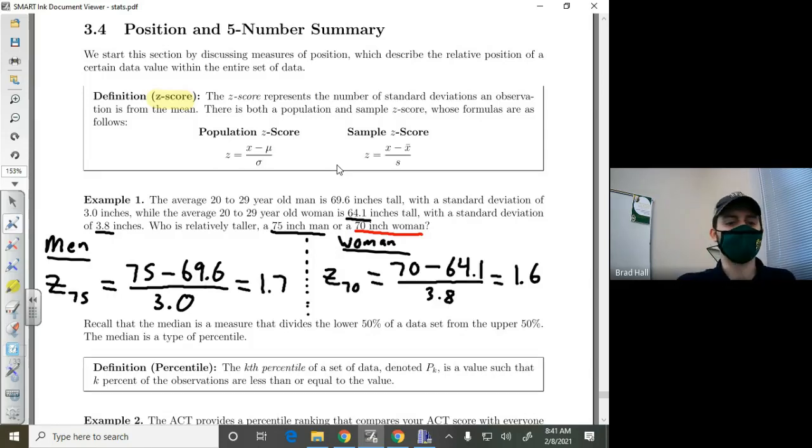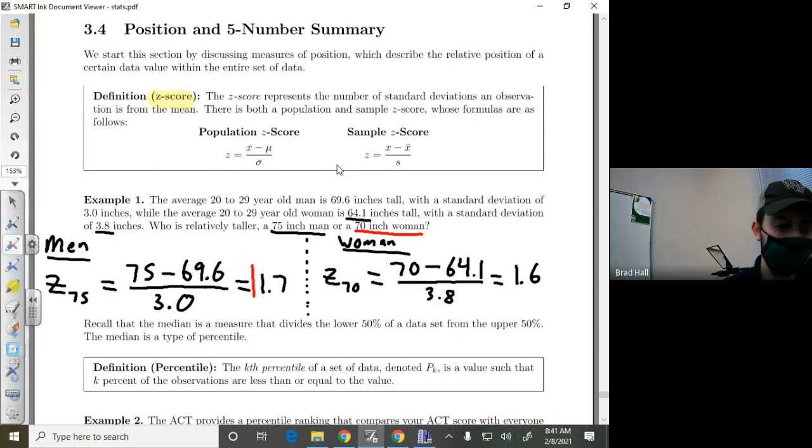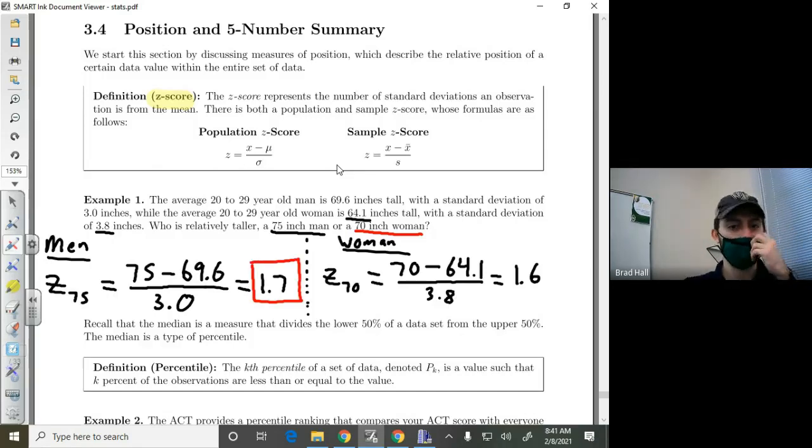Now, the question was, who is relatively taller? It's going to be the observation that has a larger z-score. So it's going to be the man in this case. So the man is relatively taller. So again, this is allowing us to compare apples to oranges.